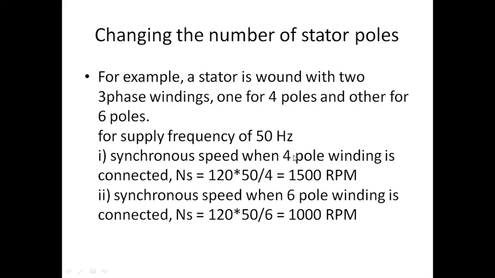If you substitute the value 4 for poles, I'm going to have 1500 rpm speed, and if I substitute poles of 6, then I'm going to have 1000 rpm. So I'm going to control the speed of my induction motor with the stator poles. If you increase the poles, my speed is going to decrease. If you decrease the poles, the speed is going to increase.